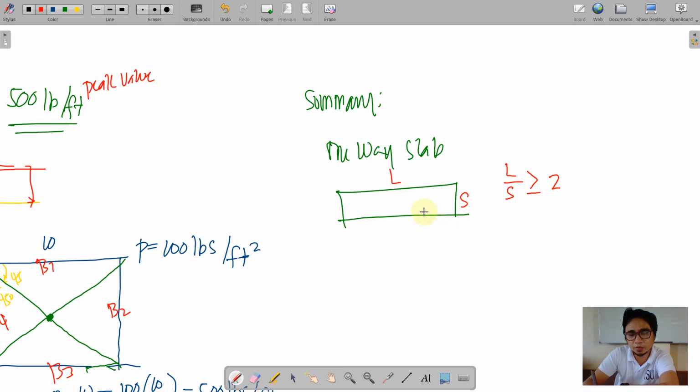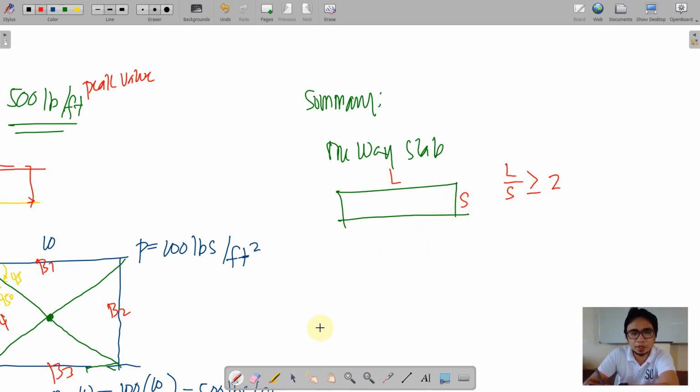Okay? For example, this is 5. If your S is 2.5, then that will fall under one-way slab. But if your L is 5 here and your S is 3, that will fall under two-way slab already. Okay?